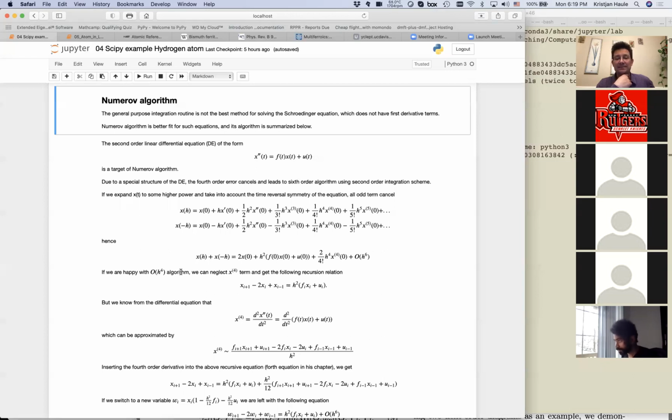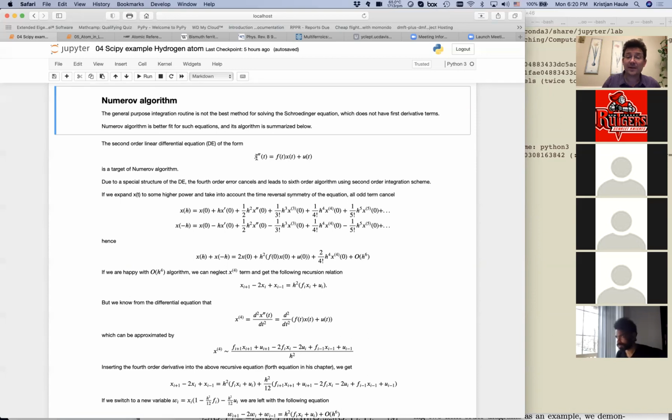And the algorithm is the Numerov algorithm because it turns out that if your function has a particular form, in this case, a form like this: second order, we are solving a function in which the second order derivative is given in terms of the function itself or some other known function, then the solution is much simpler to obtain.